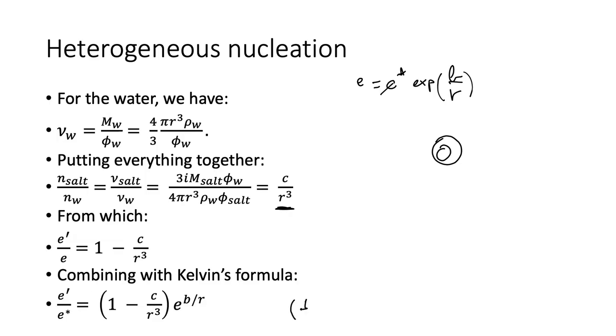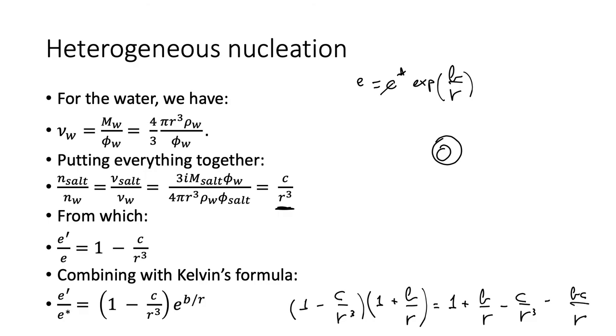It'll be 1 minus C over r cubed times 1 plus B over r. And this would be 1 plus B over r minus C over r cubed. And then there would be the minus BC over r to the 4, but we're assuming that r is big enough that this can be ignored. So we have these three terms.